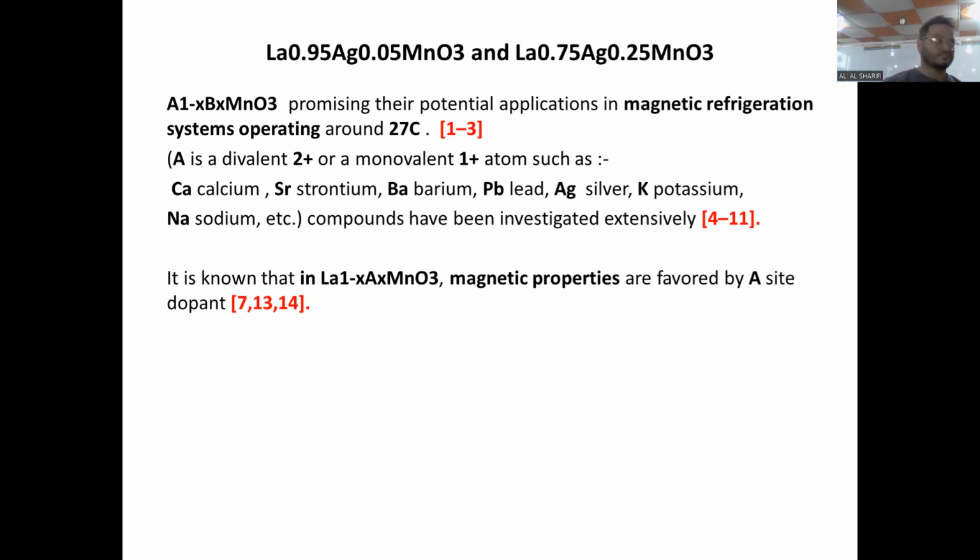With this compound we can also use another transition material like iron or manganese. It is known that in this doped perovskite oxide structure, the magnetic properties are favored by alkaline earth site doping.